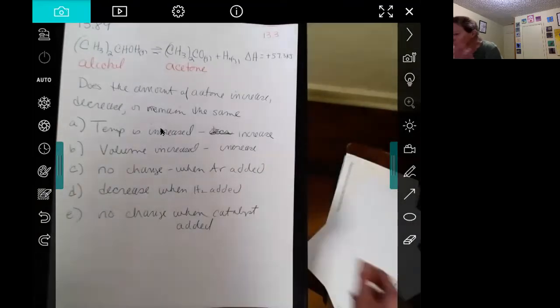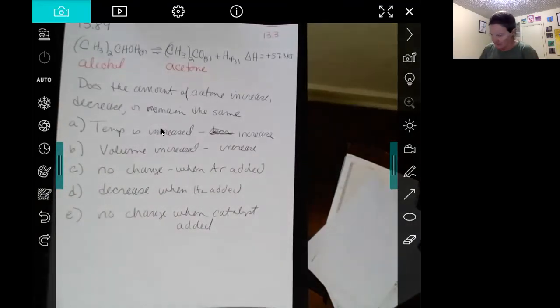Okay, so the next problem is 89, and it is on page 532.